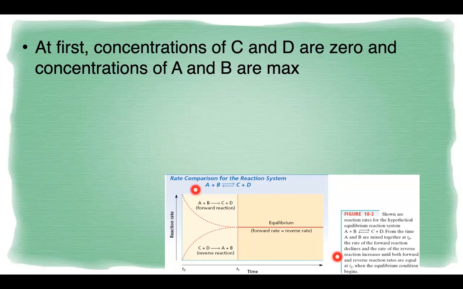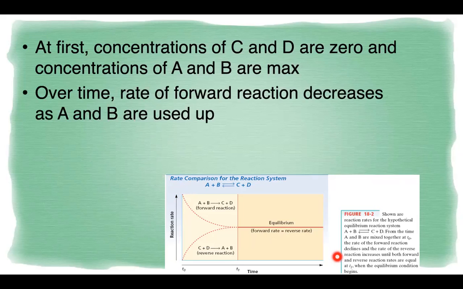Eventually you get to a point where the forward reaction rate equals the reverse reaction rate. As long as the conditions remain the same, it will remain at equilibrium. At the beginning, the concentrations of C and D are 0, which is why the reaction rate starts here. The concentrations of A and B are at their maximum at the beginning of the reaction.